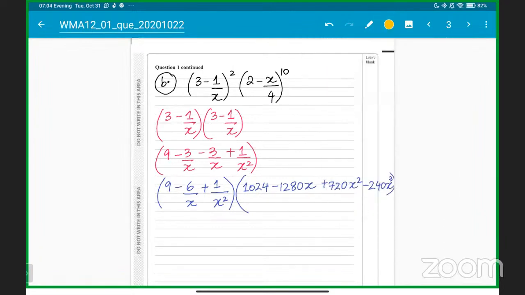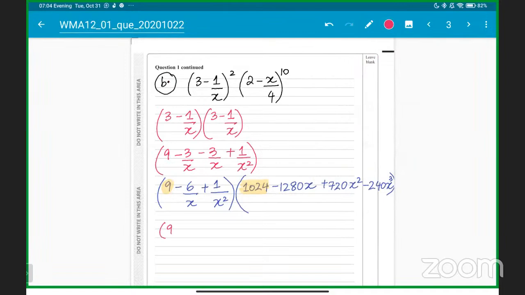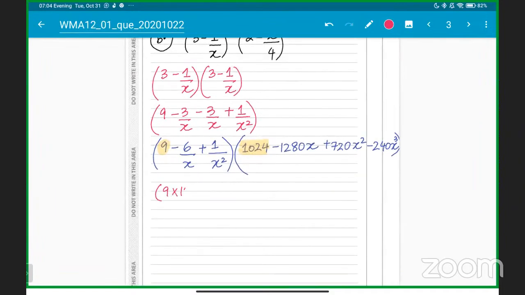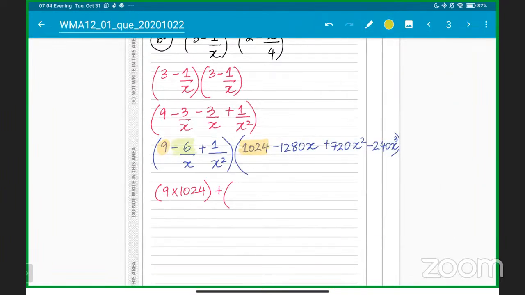So 9 is a number, and you'll multiply with 1024 because numbers and numbers, we are not getting a power of x. So 9 into 1024, that's the first one. Then what will you multiply with minus 6 over x? Anyone? Minus 6 over x will multiply with minus 1280x, it will cancel out the x. Understood?